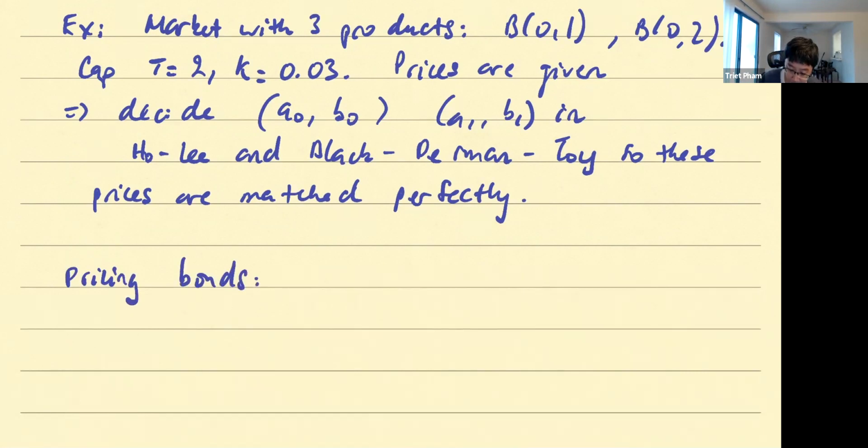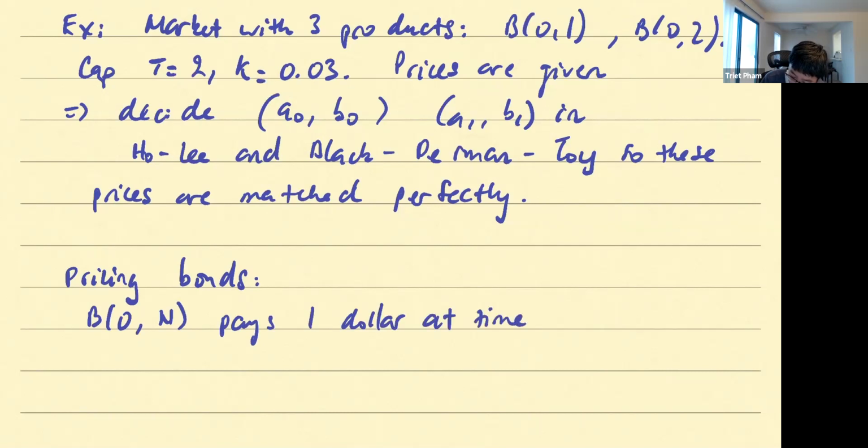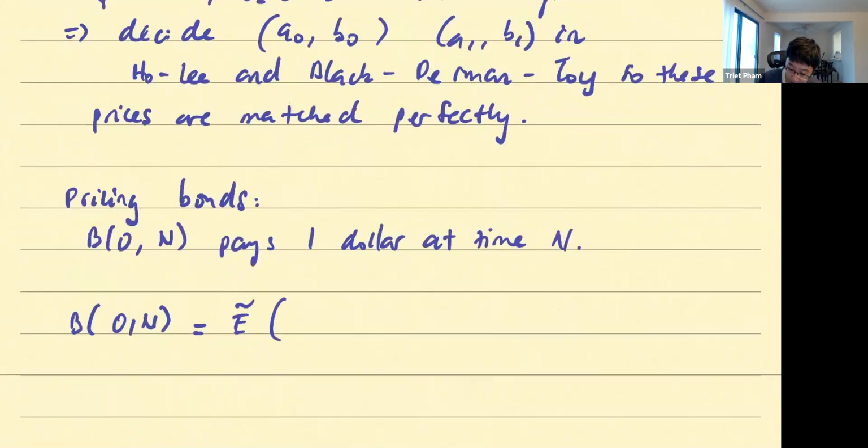Basically, pricing bonds is pretty simple. A bond B_0N pays $1 at time N. So this bond price at time 0 will be the risk neutral expectation of just discounting all the way back: 1 over 1 plus R_i delta T, for i from 0 to N minus 1.